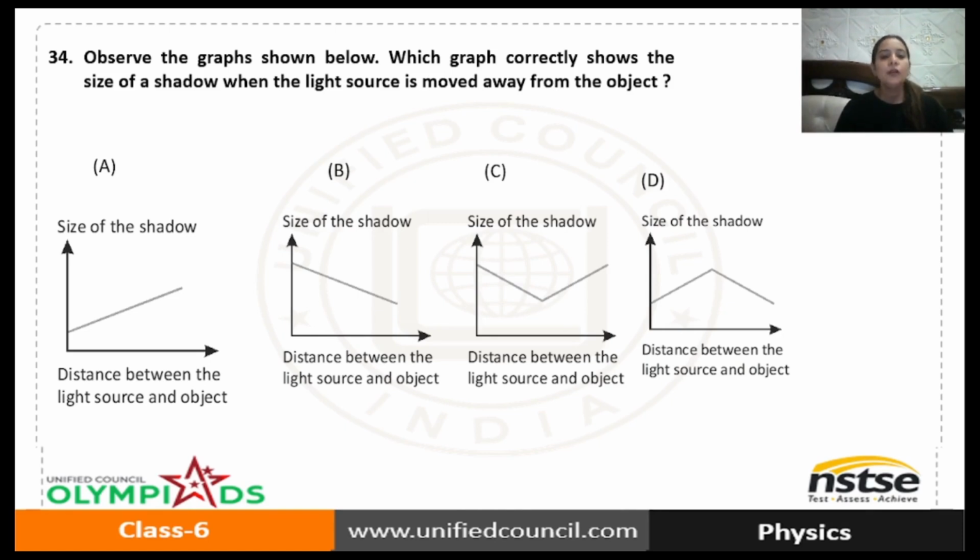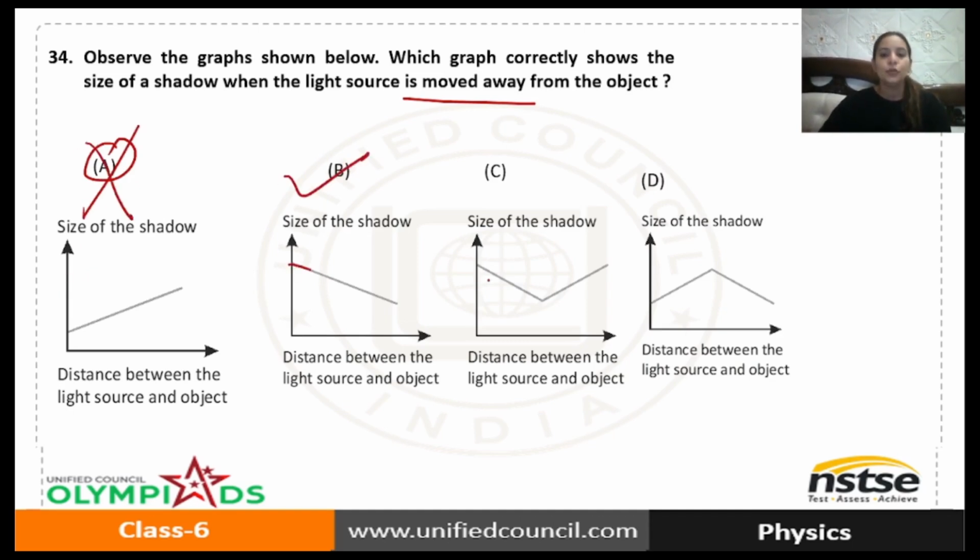So therefore, out of this, the graph would be such that if the source is moved away, that means the distance increases. So if the distance is increasing, the size of the shadow obviously decreases. Option A says that the size of the shadow increases if you increase the distance. It is false. It shows it decreases.